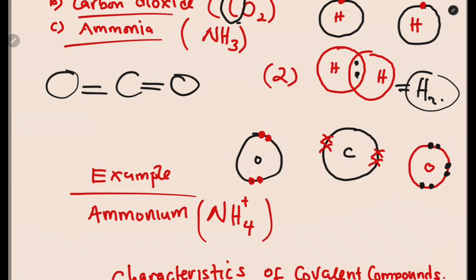How many does oxygen need to be stable? It needs 2. The other oxygen needs 2. Carbon needs 4. So each oxygen is going to contribute to making carbon stable, and at the same time, carbon is going to share 2 with this one, and 2 with the other, making these stable.